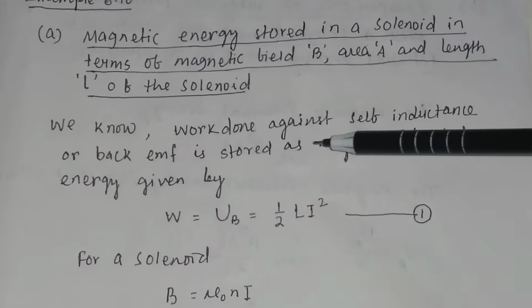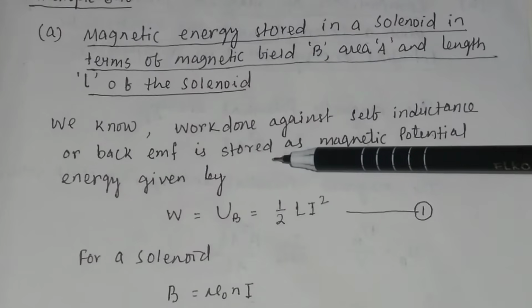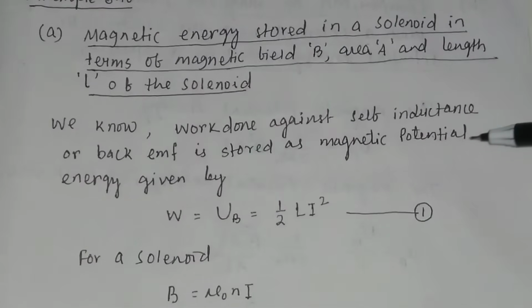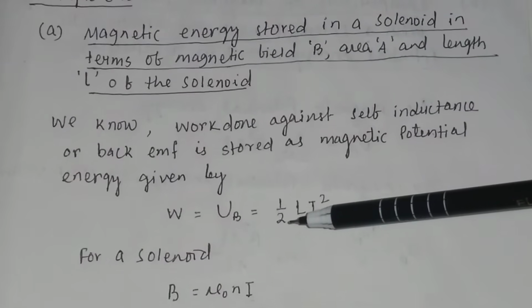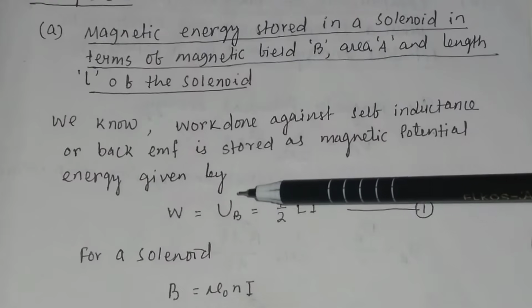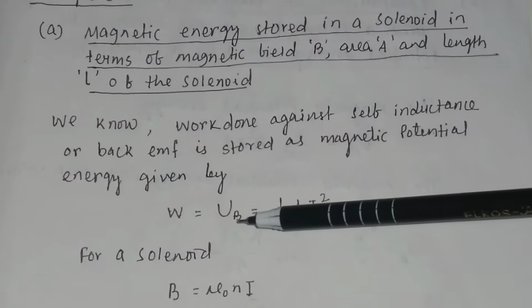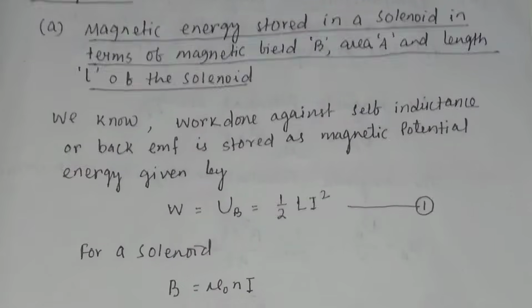We know that work done against self-inductance or back EMF is stored as magnetic potential energy, which is given by the relation W is equal to half Li square. Suppose you denote the magnetic potential energy UB. So UB is equal to half Li square.